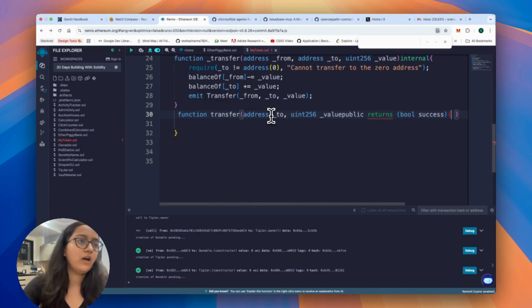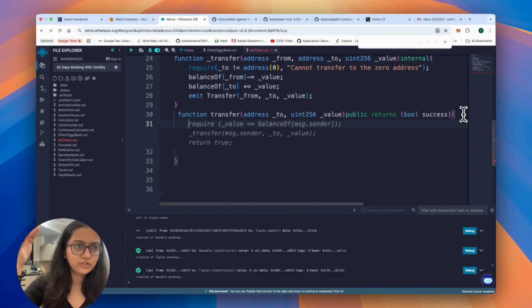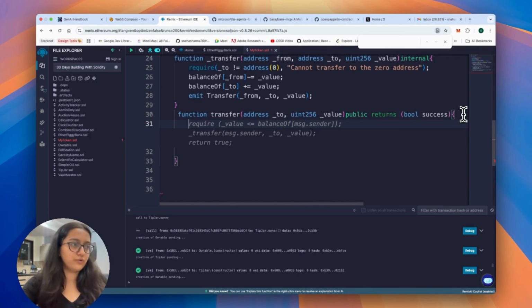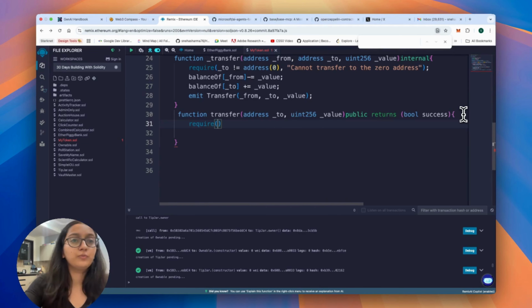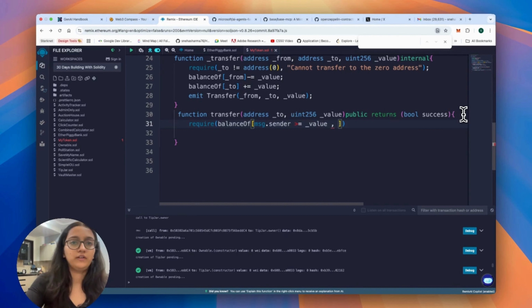We are making it public and it returns a bool success, because the emit is already happening internally, and the call just lets us know that it was successfully done. So we check that balanceOf msg.sender is greater than or equal to underscore value.